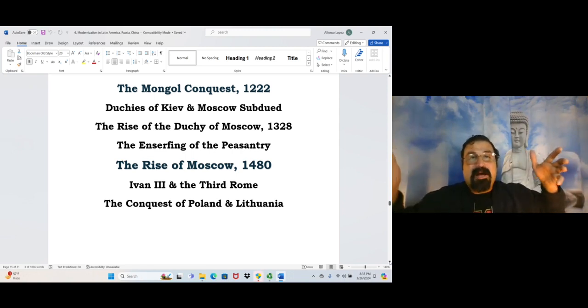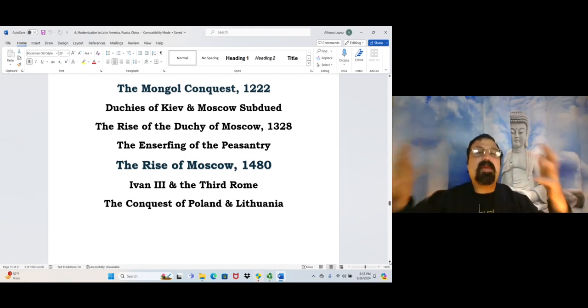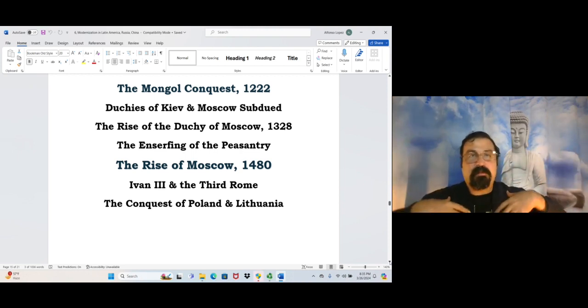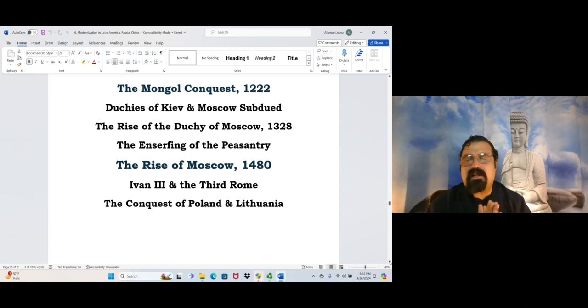And what is the deal about? Well, many of the peasants are willing to give up their labor to become serfs to a landlord, as long as the landlord protects them from the Mongols as well. Again, what we see is that more than 50% of the peasantry, whether it's in Kiev or in Moscow, are moving into a new status of serfdom.